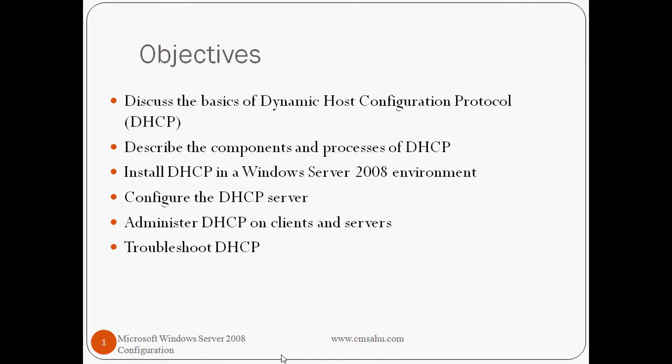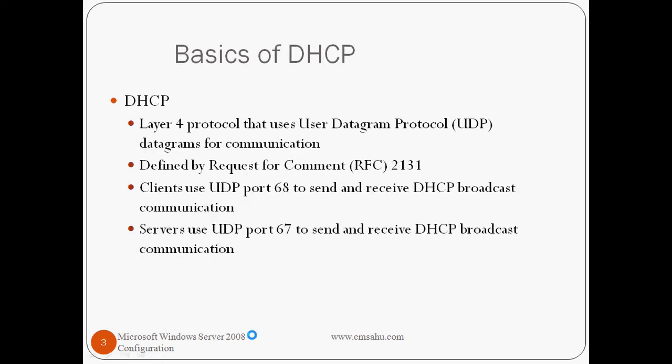You can also provide the additional configuration parameters that these clients and devices need, called DHCP options, which allow them to connect to other network resources such as DNS server, WINS server and router. So that is what DHCP provides. Let's move to the next slide: basics of DHCP.